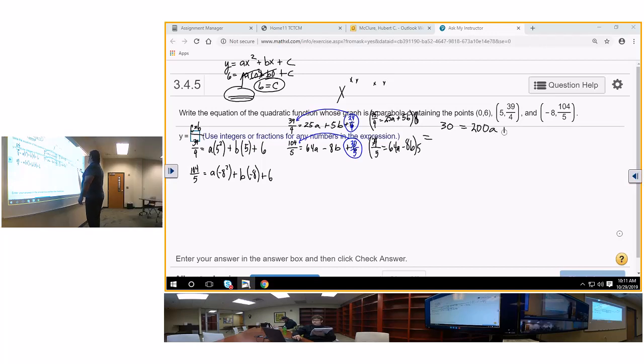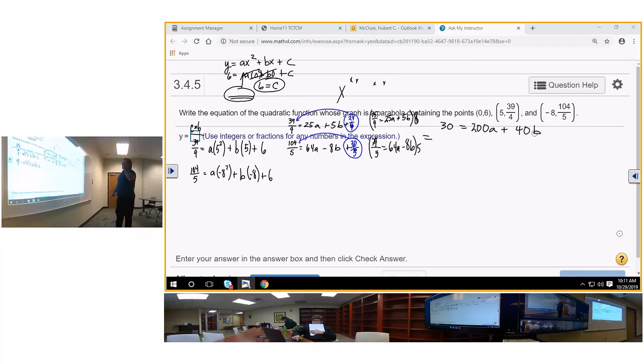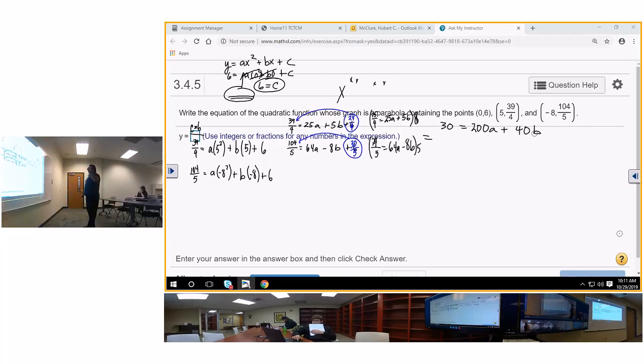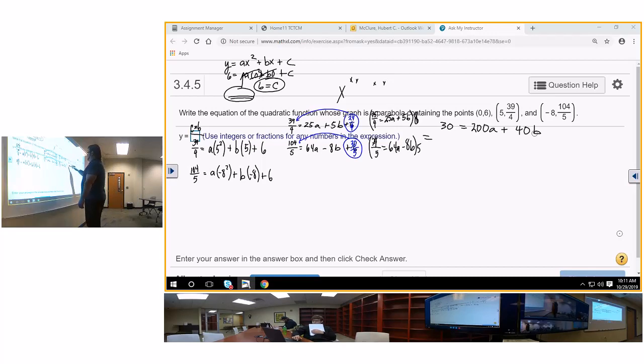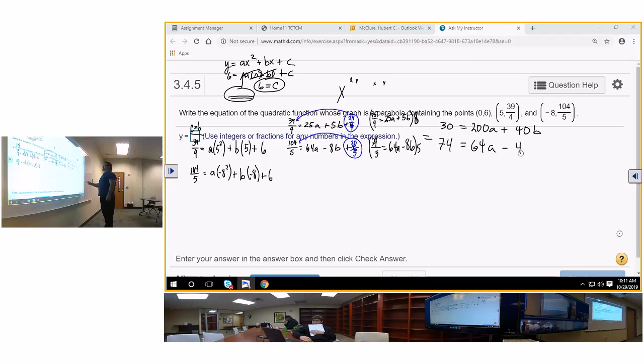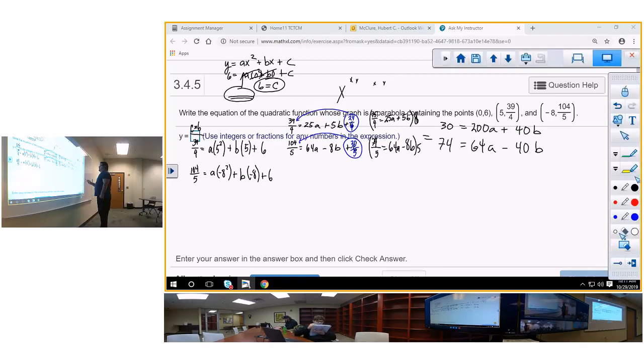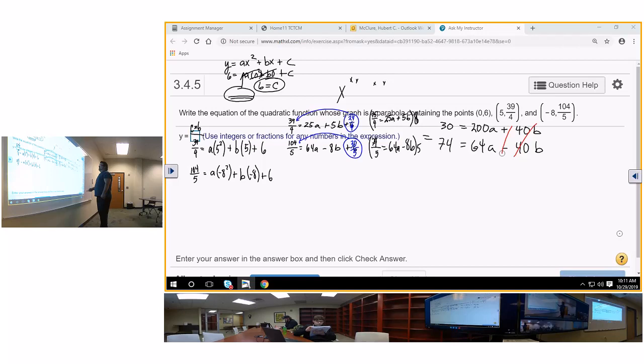Plus 40B. 5 times 74, 370. Somebody check me, please. Or you can cancel out the 5s and you'll get 74 equals 64A minus 40B. And what happens to the 40Bs? Cancels. You get rid of it.